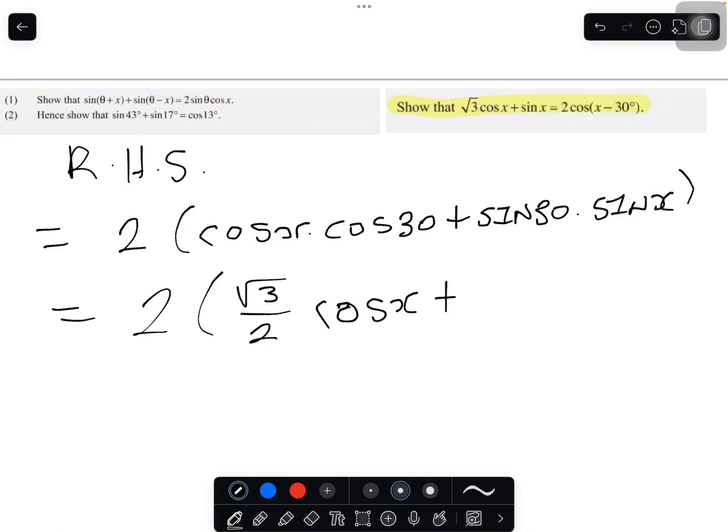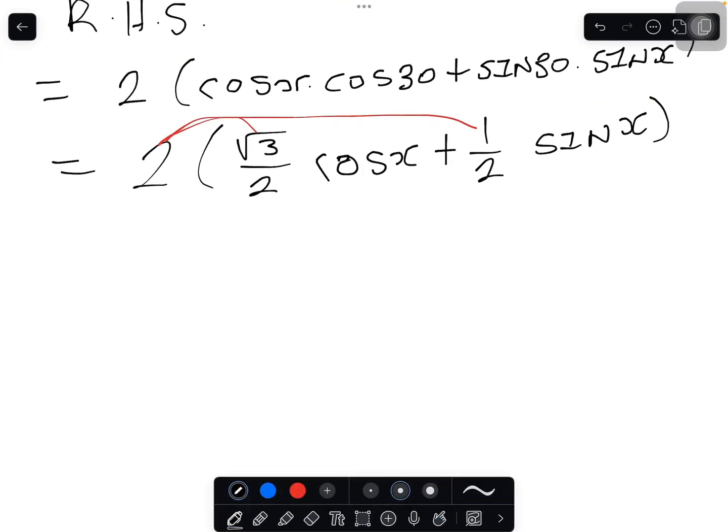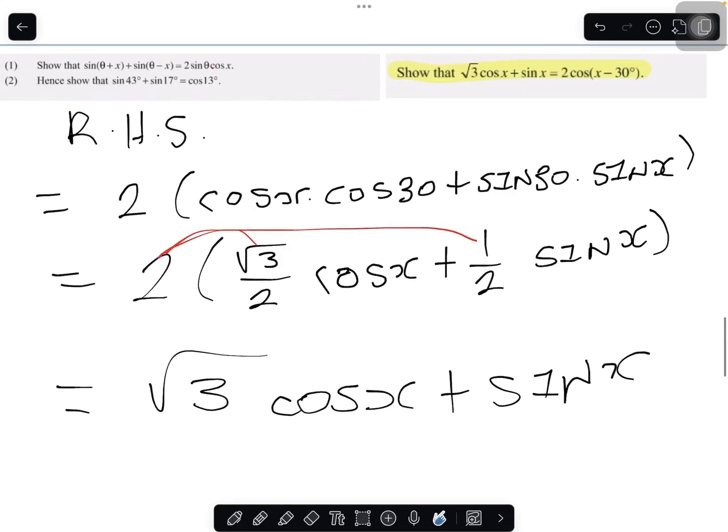So we'll then have a half sine x. And now we can just apply our distributive law. Go 2 into this, 2 into that, and you'd be left with root 3 cos x plus sine x. And that is compound angles.